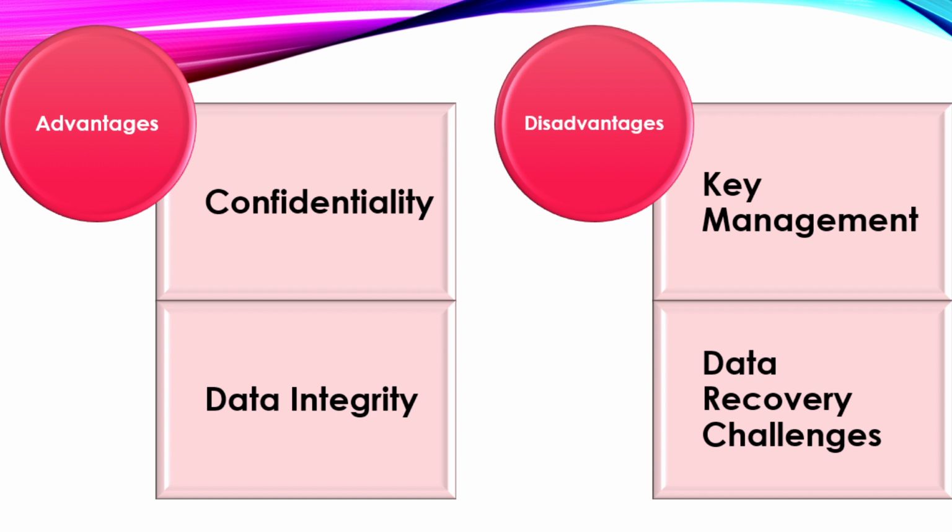Then data integrity, which helps ensure the information has not been tampered with. Then secure communication and authentication are also advantages of ciphertext. The next is disadvantages. Key management is a disadvantage. Securing and distributing the encryption key can be complex.